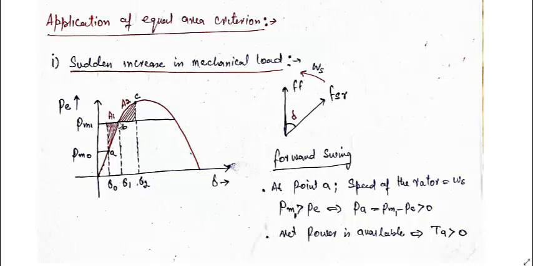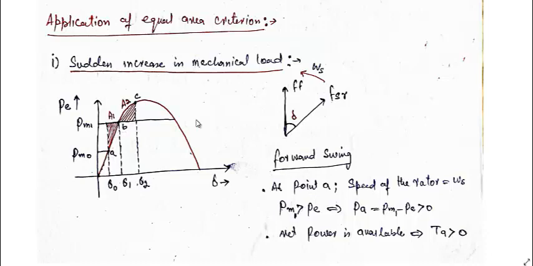Now at point B, what will happen? Since the electrical power and mechanical power are the same and their difference is equal to 0, accelerating power is not available. But since the speed of the rotor is 1490 rpm, which is less than synchronous speed, delta will continue to decrease.